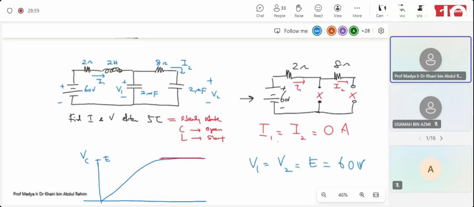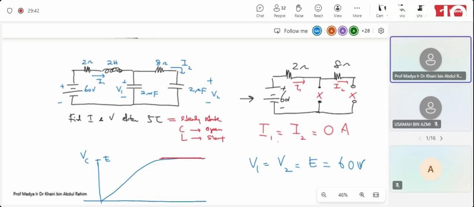Let's say you have this is 4 ohm, this is 8 ohms, this is 2 Henry, this is 100 microfarad.